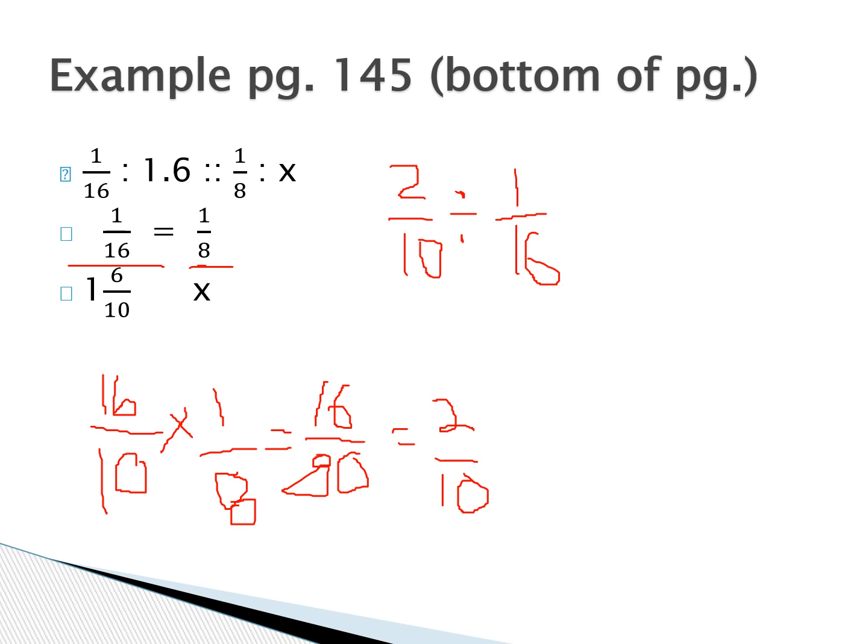I'm hoping you're telling me that we're going to have to flip the second one. We're going to flip the second one and then treat it as a multiplication problem. So then it's going to be 2 over 10 over 16 over 1. You guys can figure it out before I get it all written. Okay, hopefully getting a little bit better here. So we got what? 32.